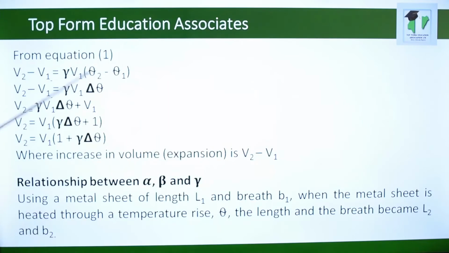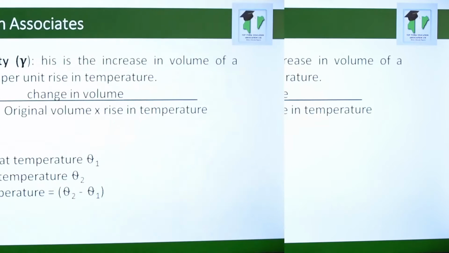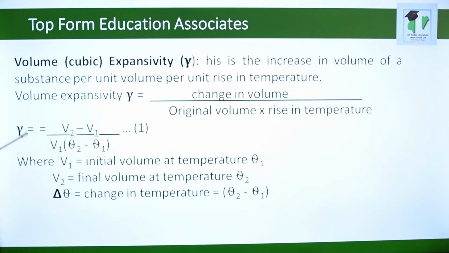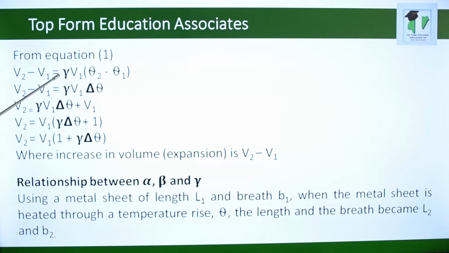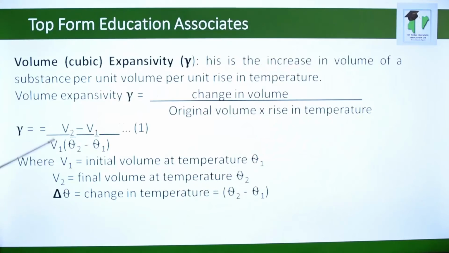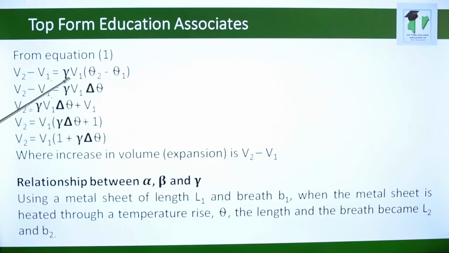Now from this equation, equation 1, if you cross multiply, we have V2 minus V1 is equal to gamma into V1 change in theta. We want to get our V2 when you have added heat. So V2 minus V1 is equal to gamma V1 change in theta.